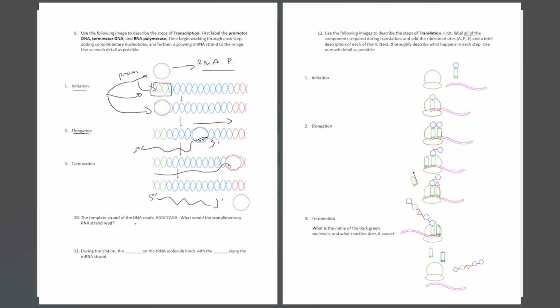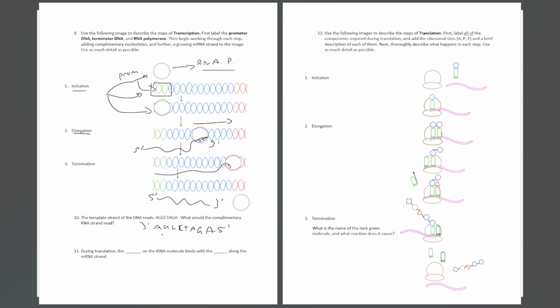Simple as. So the template strand of DNA reads AGT, CT, AGA. What would the complementary RNA strand read? Well, let's find out. You don't need to know this detail, but this DNA would read from 3' to 5': A, G, G, C, T, A, G, A, and then 5'.